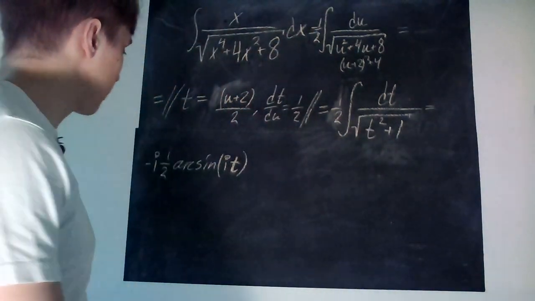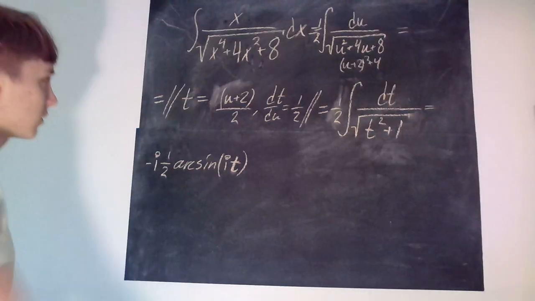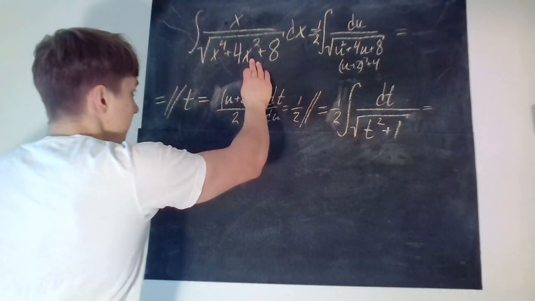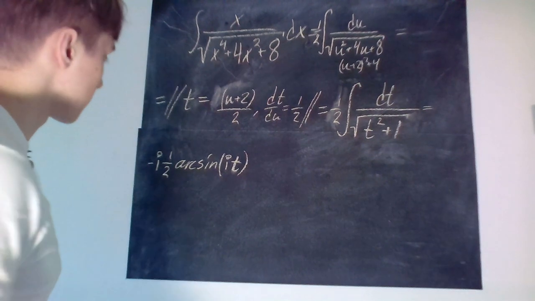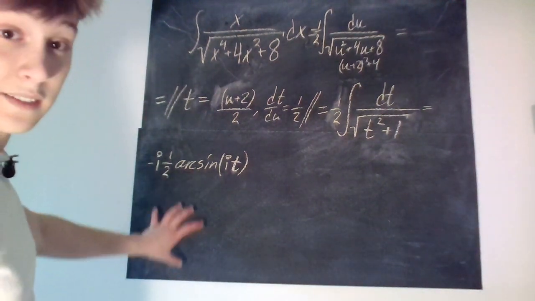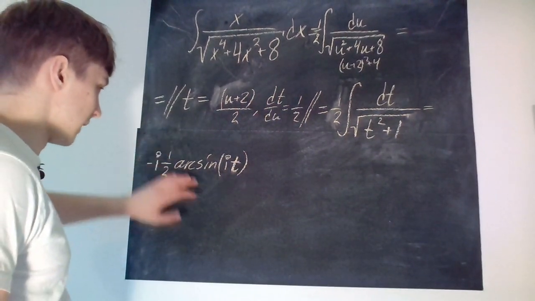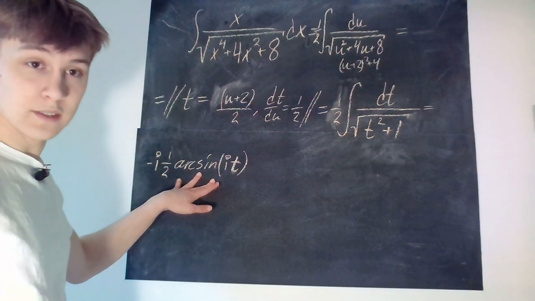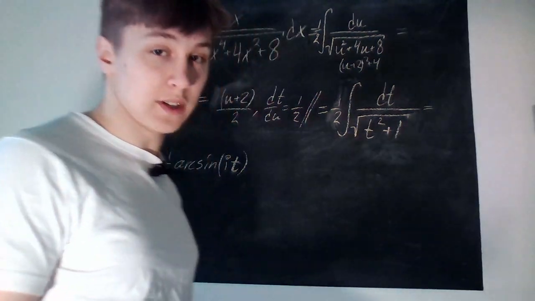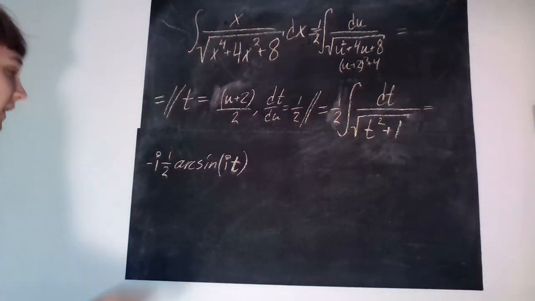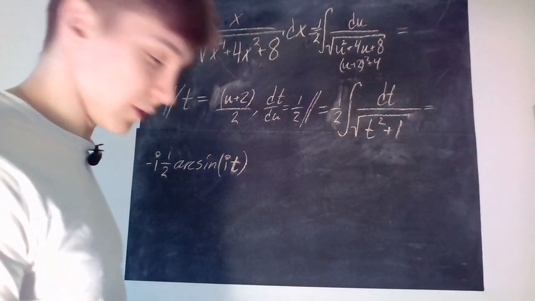And I cannot prove this, but one way you could think about this is the fact that the Taylor polynomial for arc sine of t only contains odd exponents, right? It only has like t and t cubed and t to the fifth and so forth.